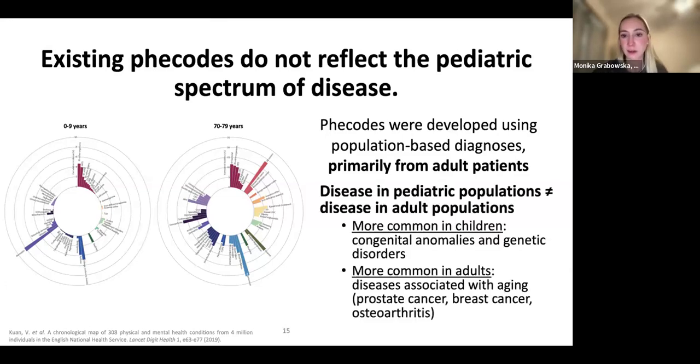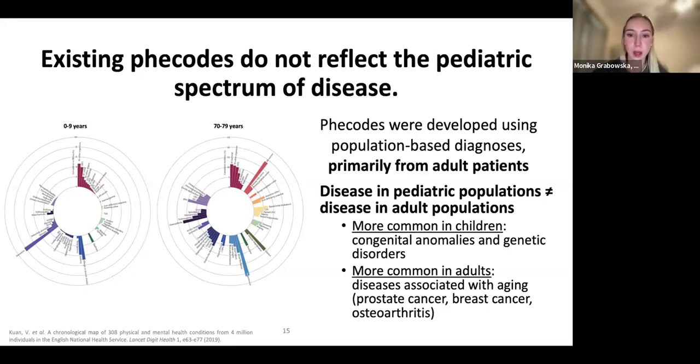A lot of studies have evaluated the differences in disease distribution among pediatric and adult populations, and there are marked differences. And even on an intuitive level, you can imagine that there are some conditions that are more common in children, for example, congenital anomalies, genetic disorders with early mortality, even certain infectious diseases.